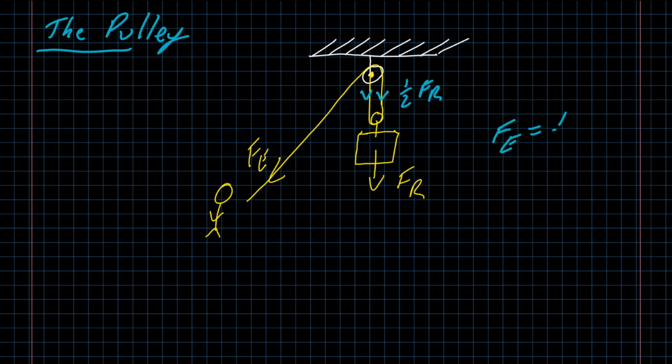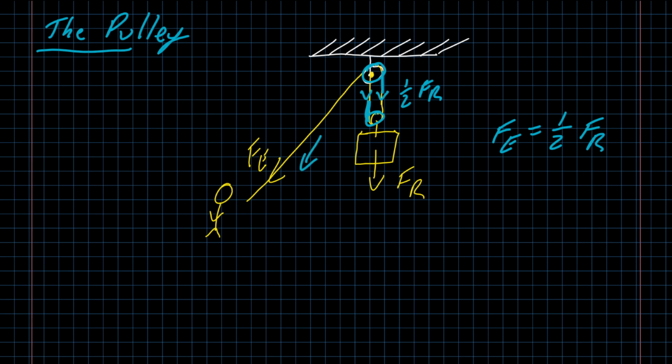Fe now equals 1/2 Fr, because again, this pulley is just redirecting the force on this bit of string, and then this pulley is redirecting the force on this bit of string, so that it's just half of the force that it was before.